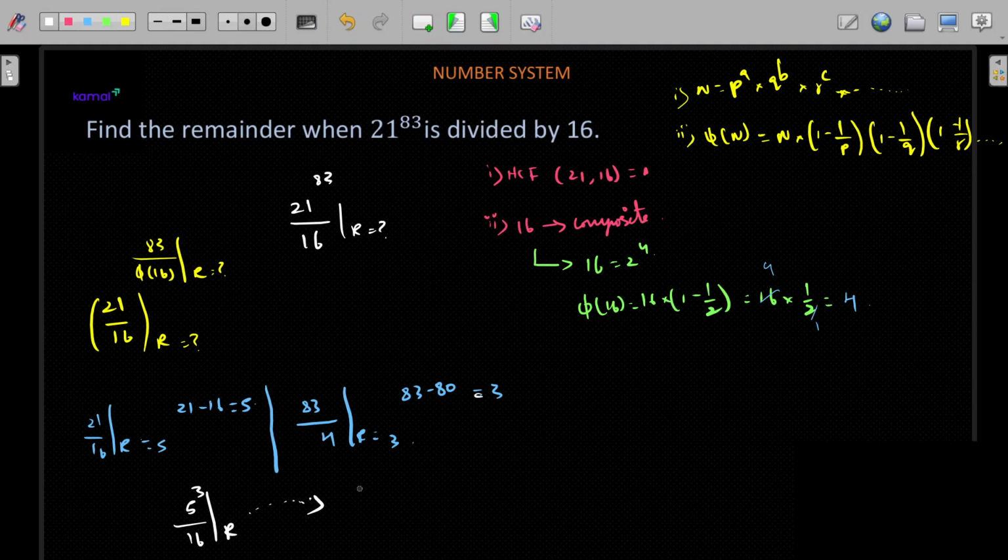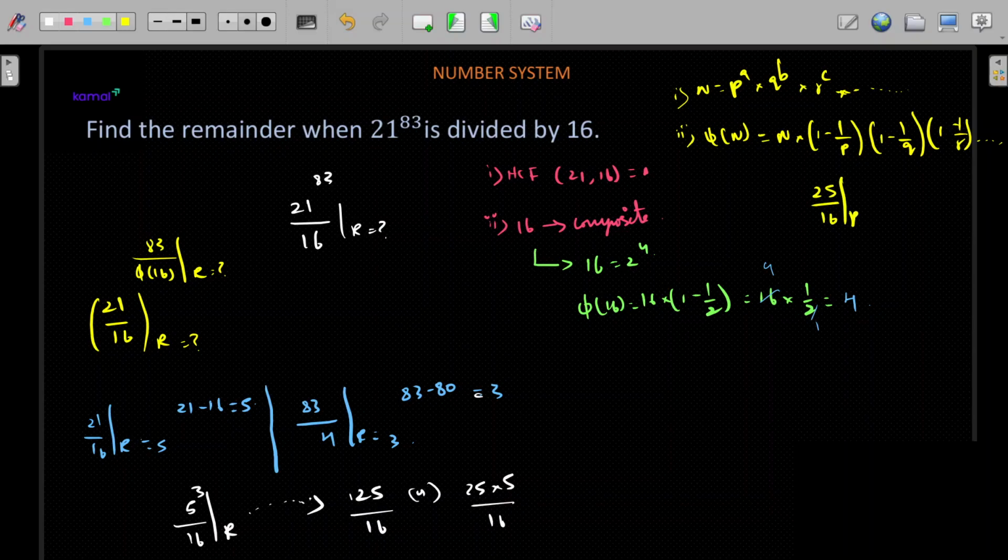Now I can expand this 5 cubed as 125 divided by 16, or else I can split this 5 cubed as 25 into 5 divided by 16. It will be easier for me. We already discussed that if the numbers are in multiplication, instead of the bigger number I can replace it by its remainder.